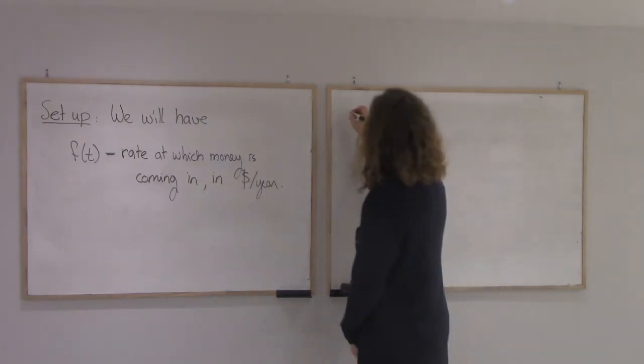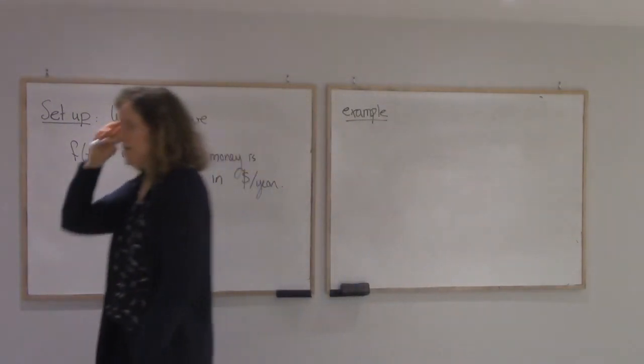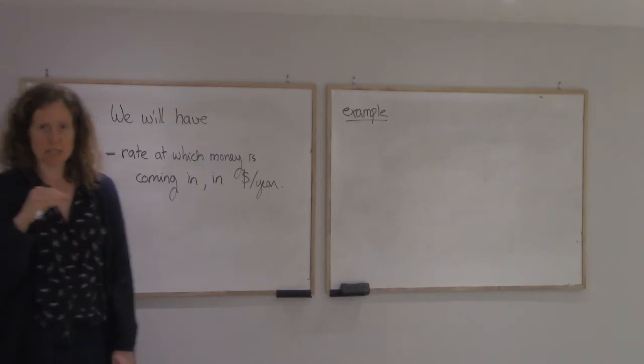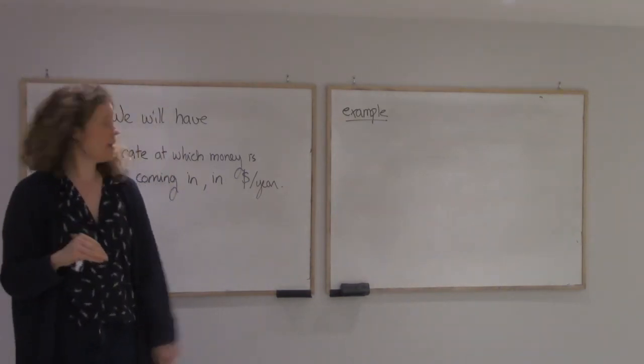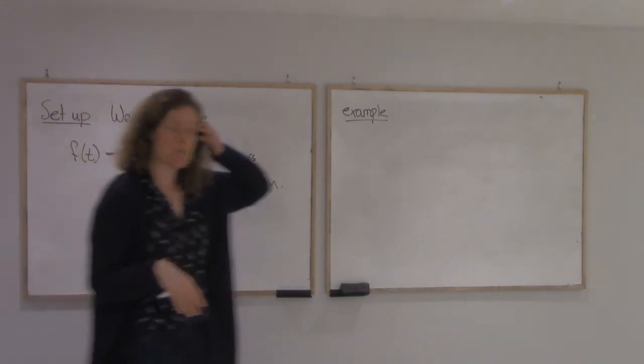So let me do one simple example of f of t. Let's say that the rate at which the money is coming in is constant. Always the same rate. The flow of money is steady.